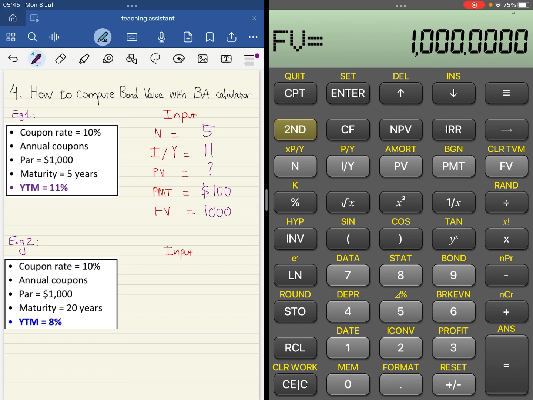Finally, compute: CPT PV. The answer is minus 963. So as I explained before, even though there's a minus symbol, we're still going to take the answer without the minus symbol, the negative sign. So the final answer is 963.